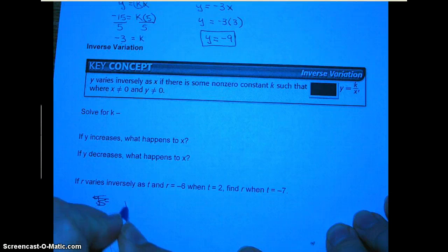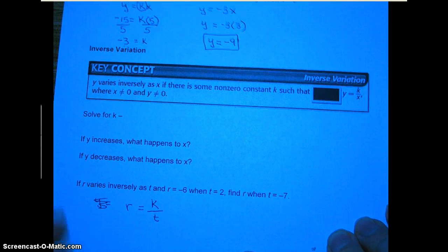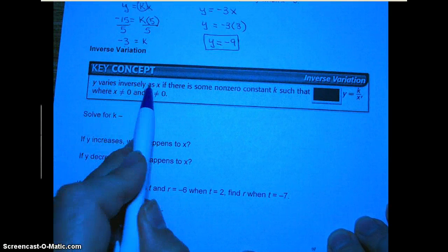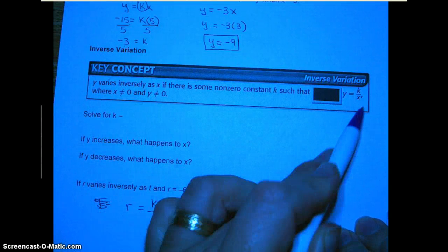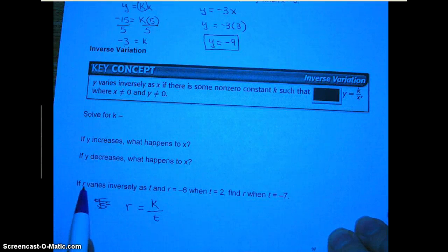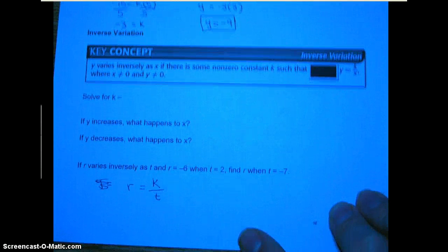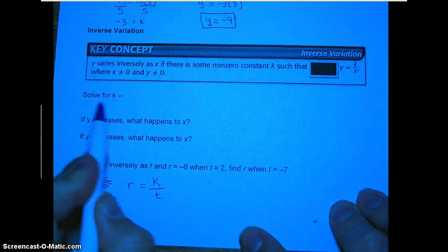Up here it says y varies inversely as x. So y went first, then x went underneath, and your constant goes on top. Here r goes first, t goes on the bottom with your constant on top. Do you remember the first step? That's right, we need to solve for k.